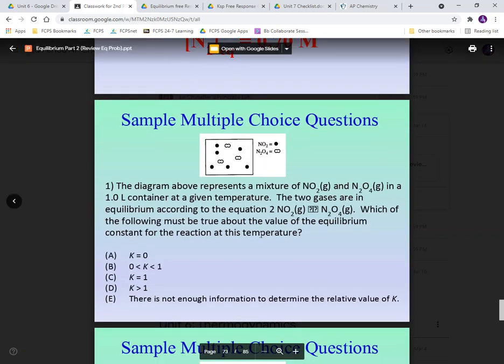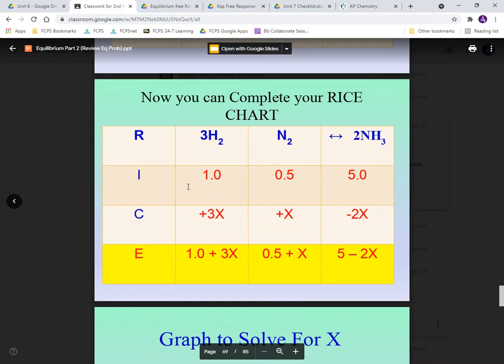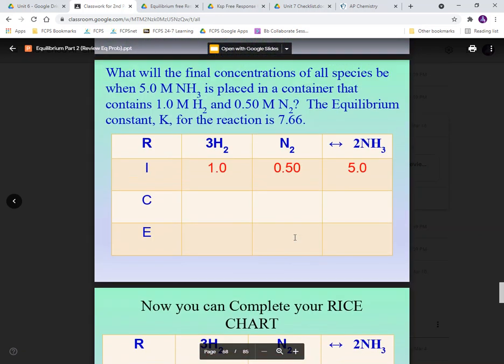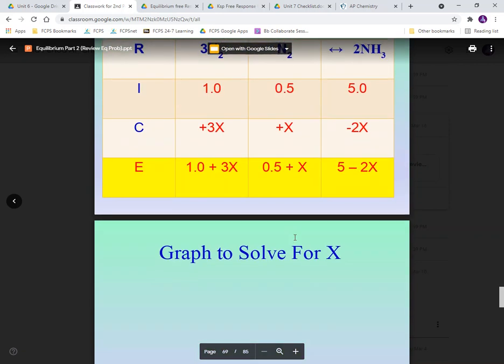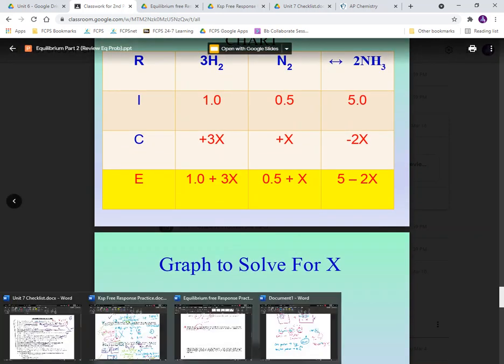So basically, when you're looking at equilibrium, going over the graphing, yes, so basically here, let me take this one into account. What's the K value? 7.66, right? 7.66, all right.